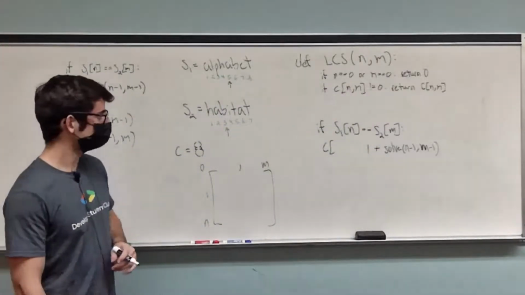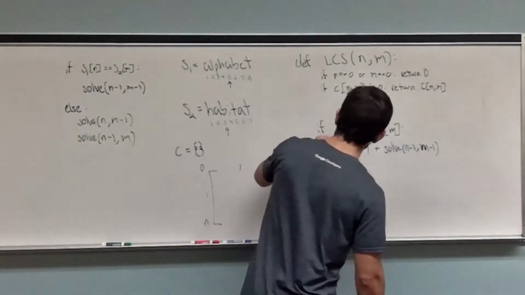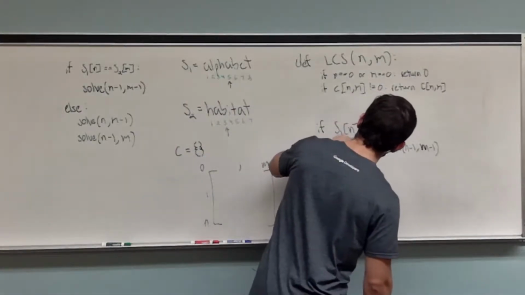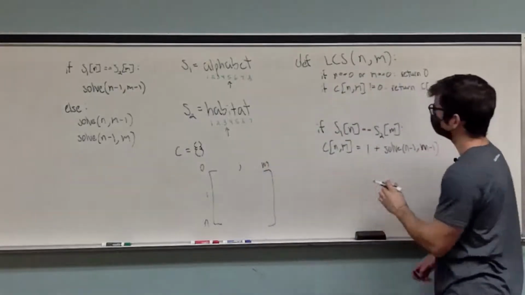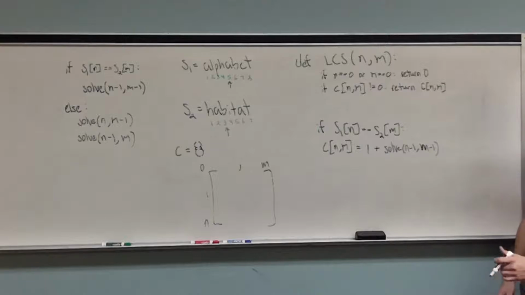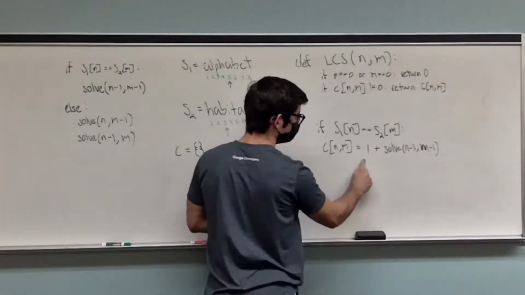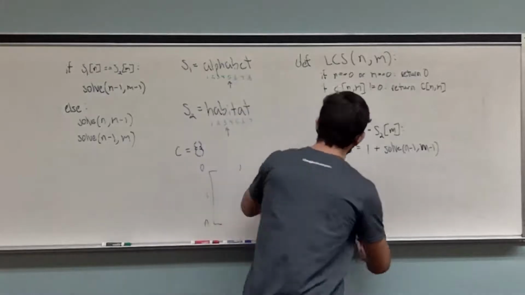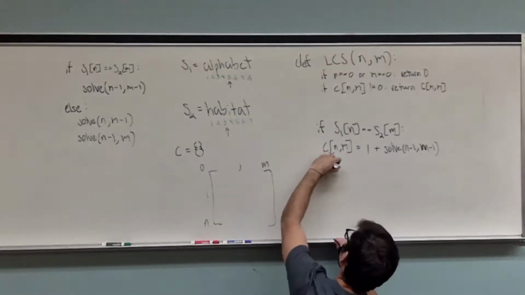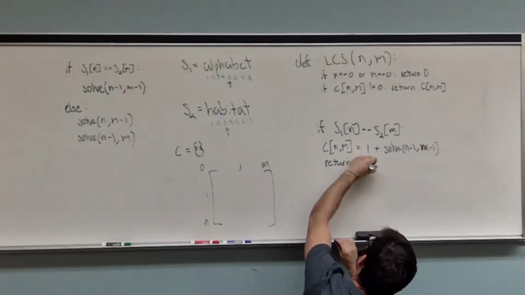At n and m, because we know that's the correct index, since that's the current subproblem we're looking at. Then, after you have this work completed and saved, all you can do is return that work.